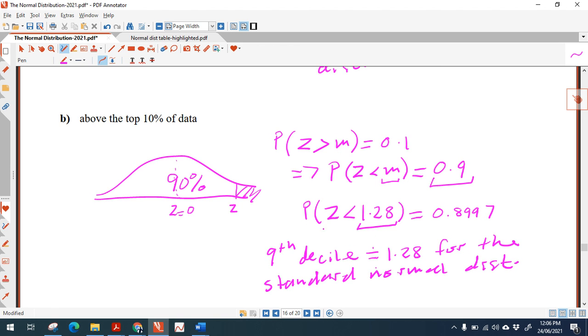Now, if we want to update our little sketch here, I'll just put down z equals 1.28 here. There we go. So that's the z-score where 10% of the data is above.